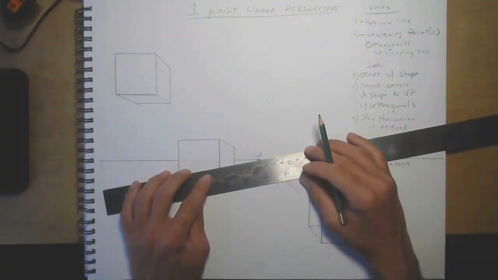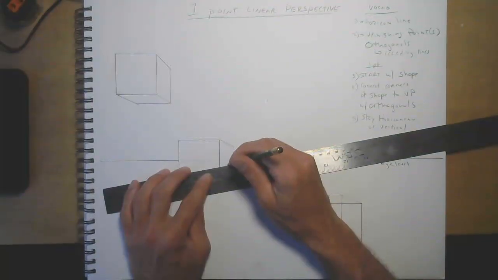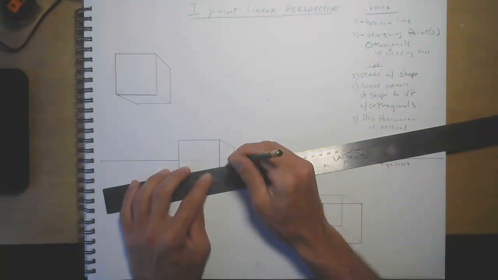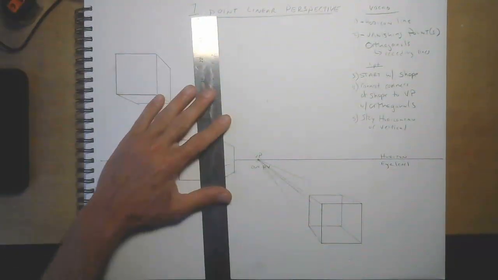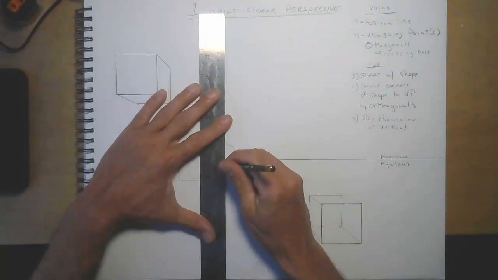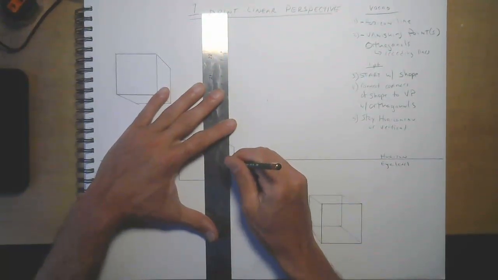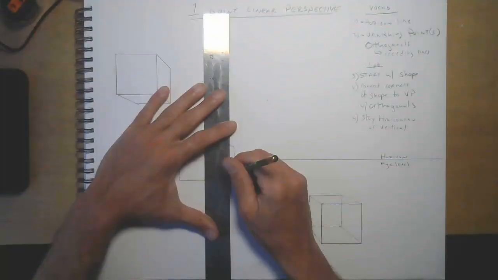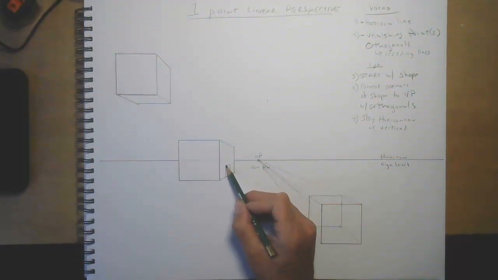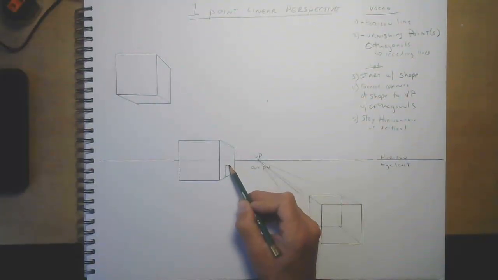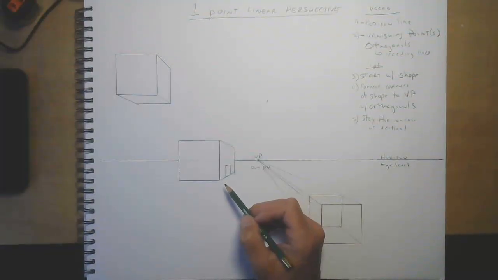I could connect that to my vanishing point, and I just mark the top of the door, and then the sides of the door would just be 2 vertical lines, right? Because this rectangle shape of the door is on this receding face, right? So we only have one line angling, technically the bottom one too, angling from us. The other 2 lines stay vertical.